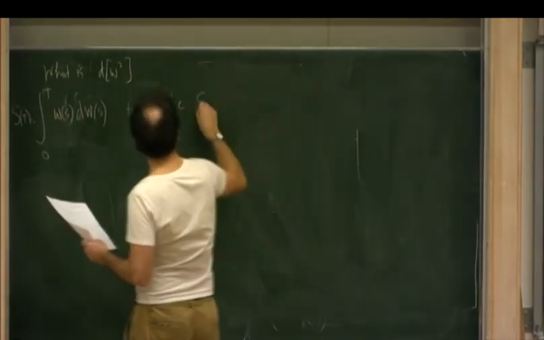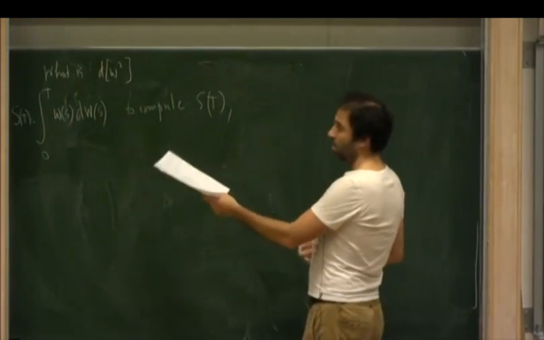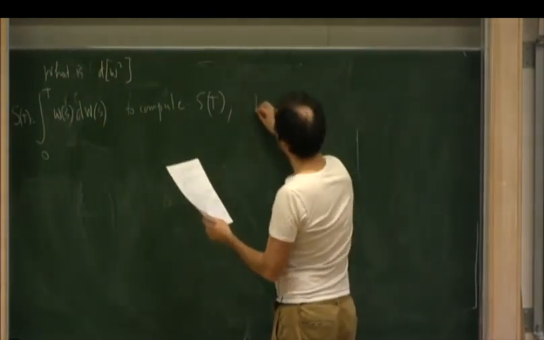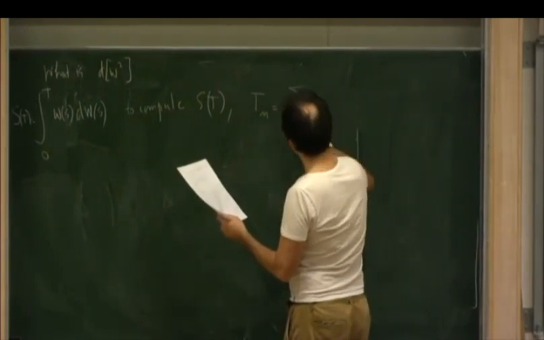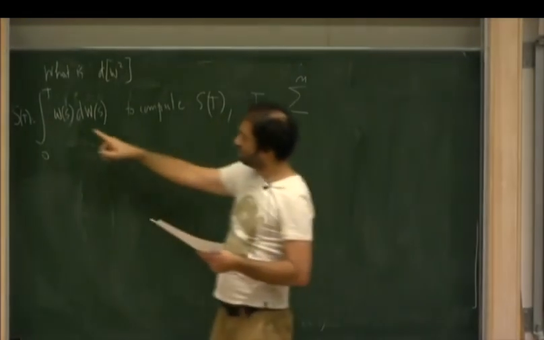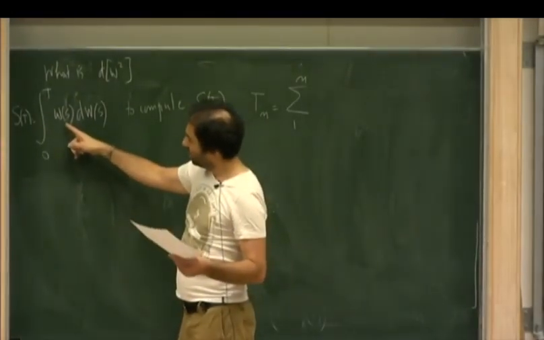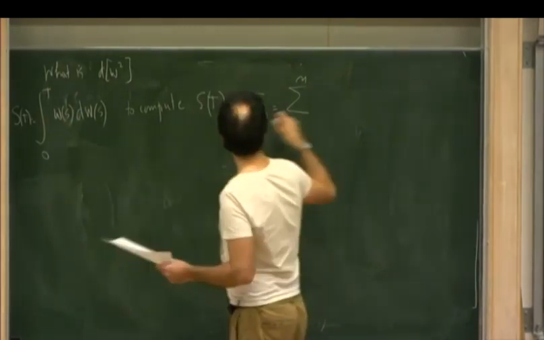To compute S(t), we will start as we did last time. We will introduce the sum, which is like a Riemann sum, if you want, of this quantity.